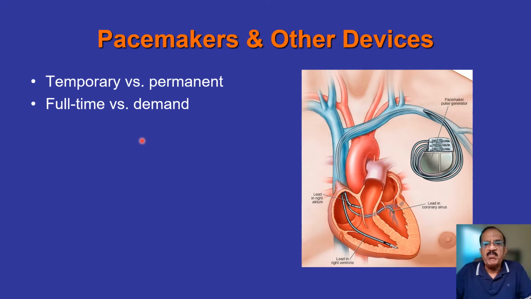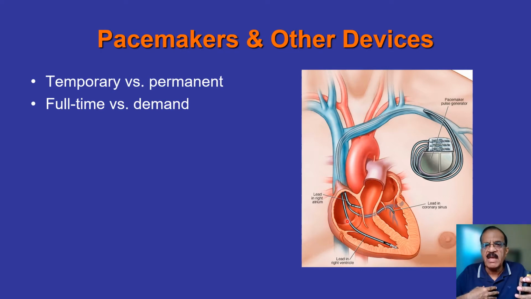That means the lead will sense if there is intrinsic rhythm, and the pacemaker will be kept shut off. But if there is no intrinsic activity, the pacemaker will wait for a few milliseconds, which will be programmed, of course, and after that it will take over and continue to work as long as there is no intrinsic activity.